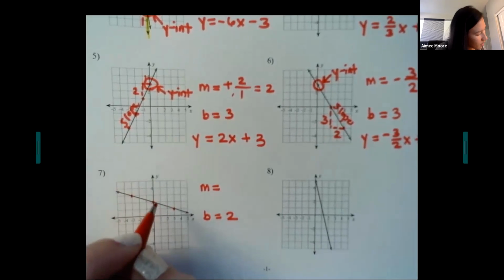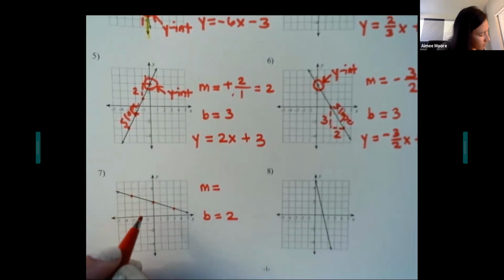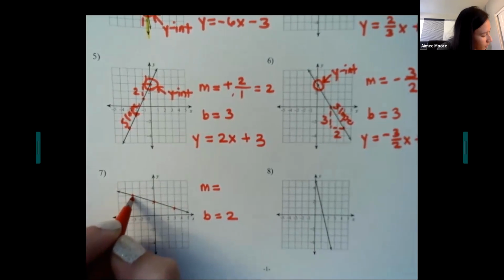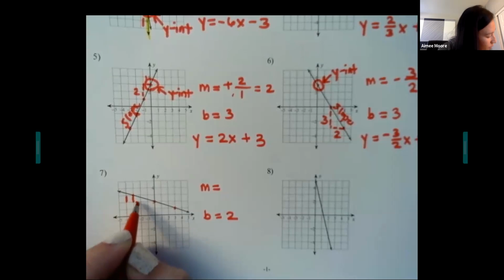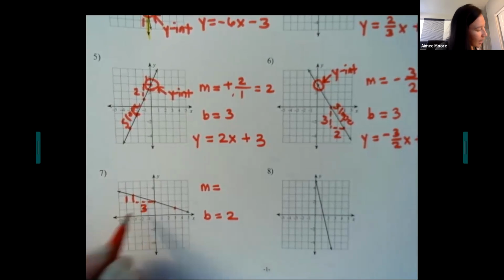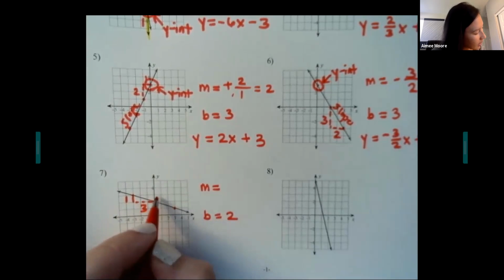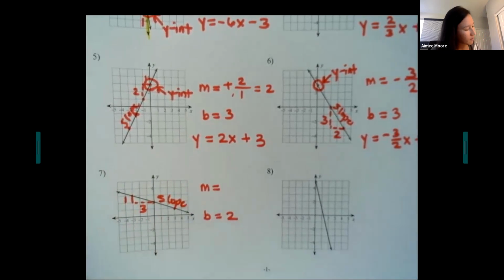So the run would be 2 and the other one would be 1. You're close. So you're right. The rise is 1. Count the run again. 3. Yes, excellent. At first I thought we weren't supposed to count that as 1 because it's not a full square.